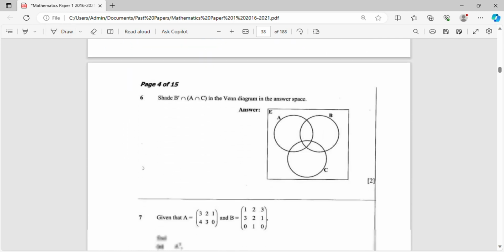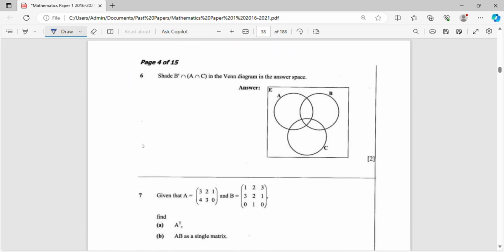Move on to the next question, which is on shading the region. It says shade B complement intersect, open brackets, A intersect C. So the simple way of doing this is, let's draw a set separately here. Maybe that will help us better.